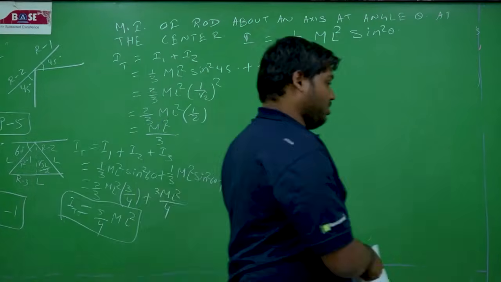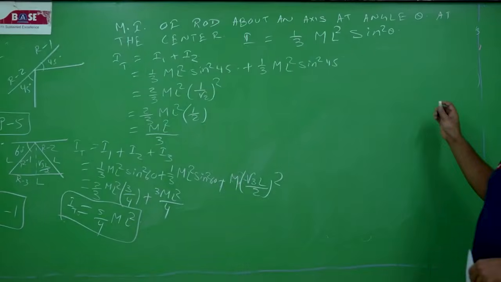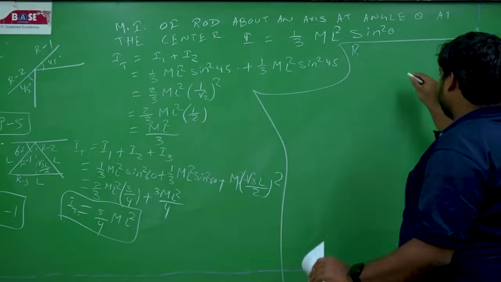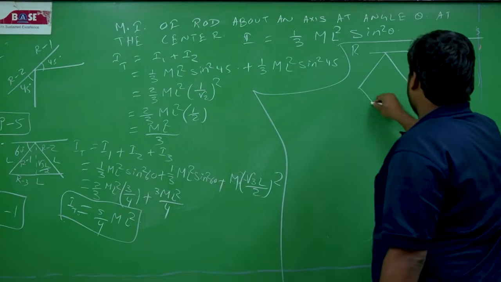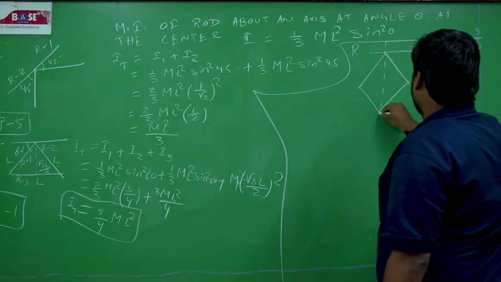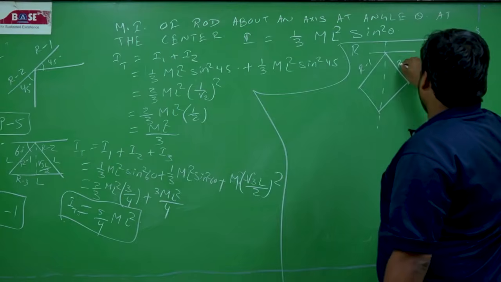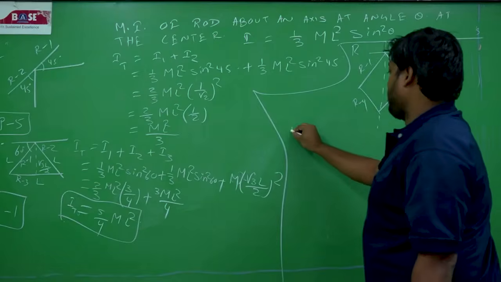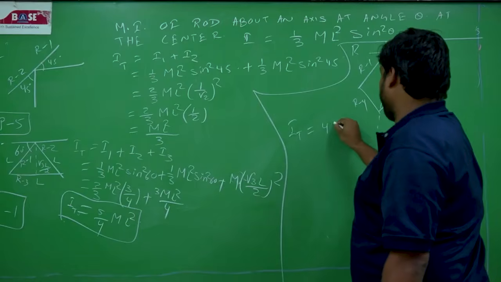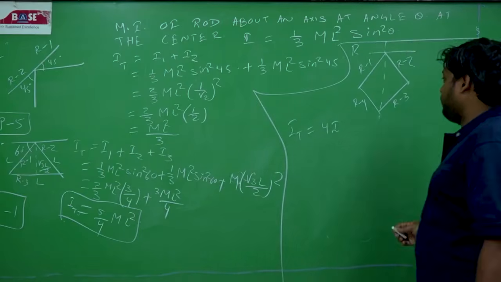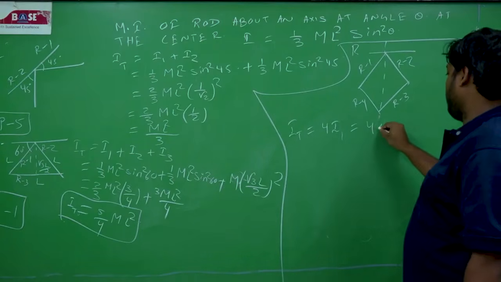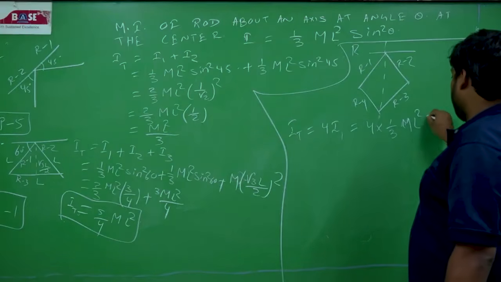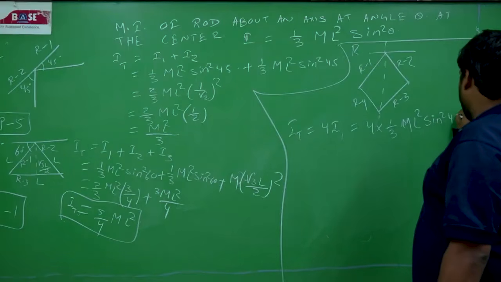Now we will do R and S. The R diagram will be given like this. Here 4 rods are there: R1, R2, R3 and R4. So I total here will be 4 into I1, that is 4 into 1 by 3 ml square sine square 45.